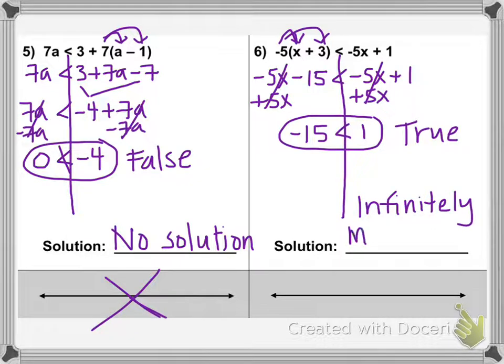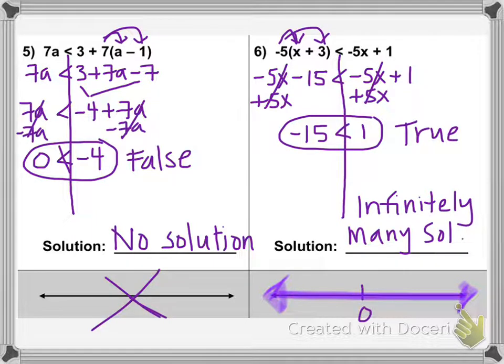And again, you can write IMS if you'd like, infinite many solutions. Now to graph infinitely many solutions, you can put your 0 on your number line, but you're really going to shade in the entire number line, because every single number on this number line will make this inequality true.